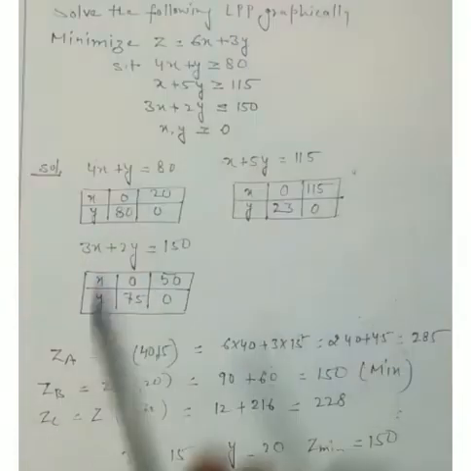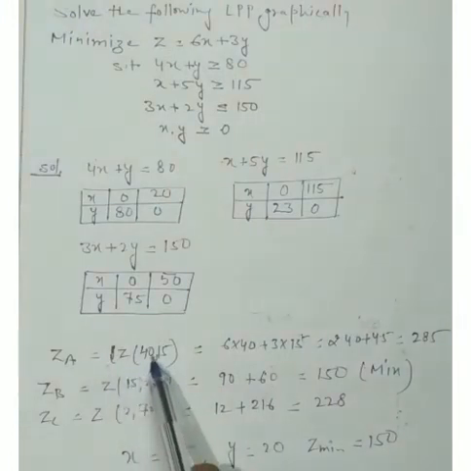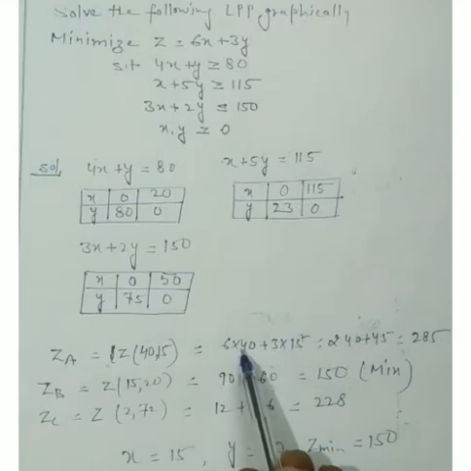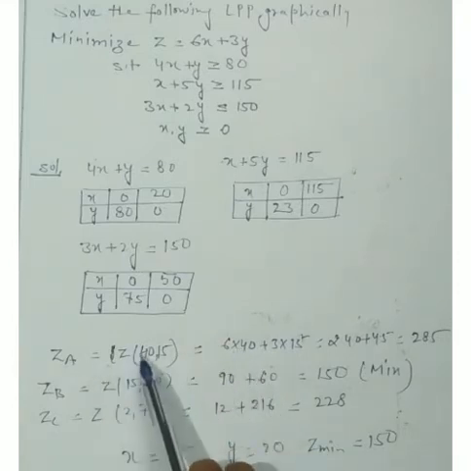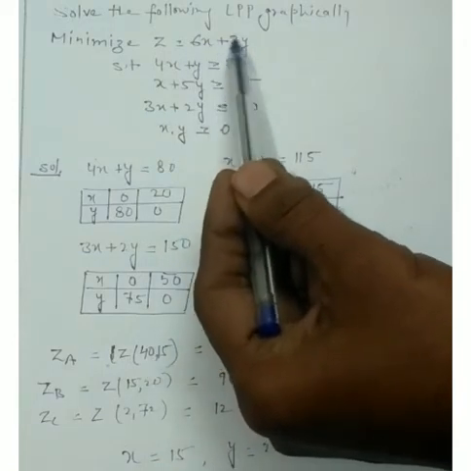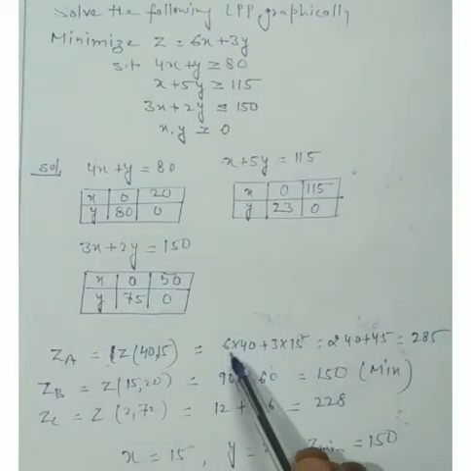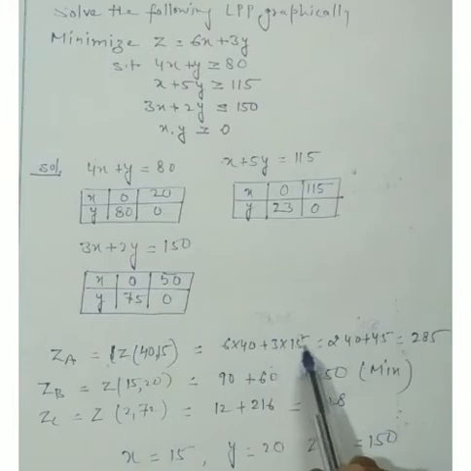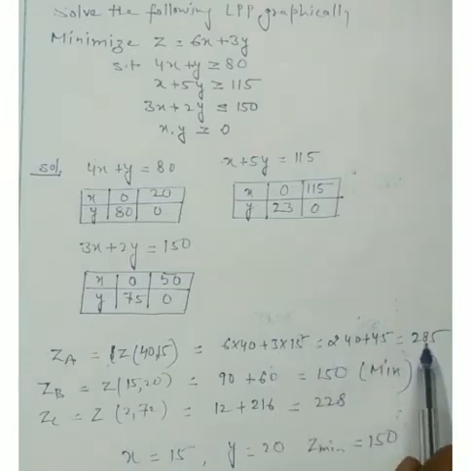Firstly, we have placed A, that is 40, 15 in z. When we put these values of x and y in this z in place of x and y, we get 6 into 40 plus 3 into 15, which is 285.